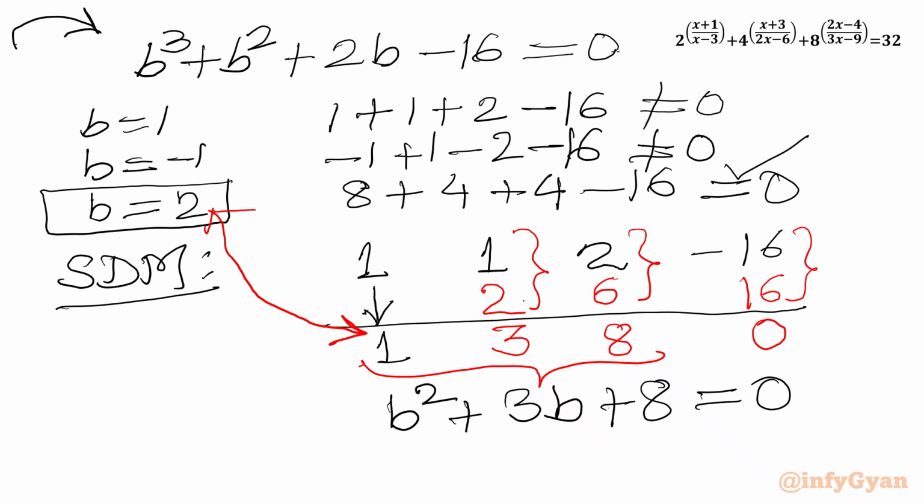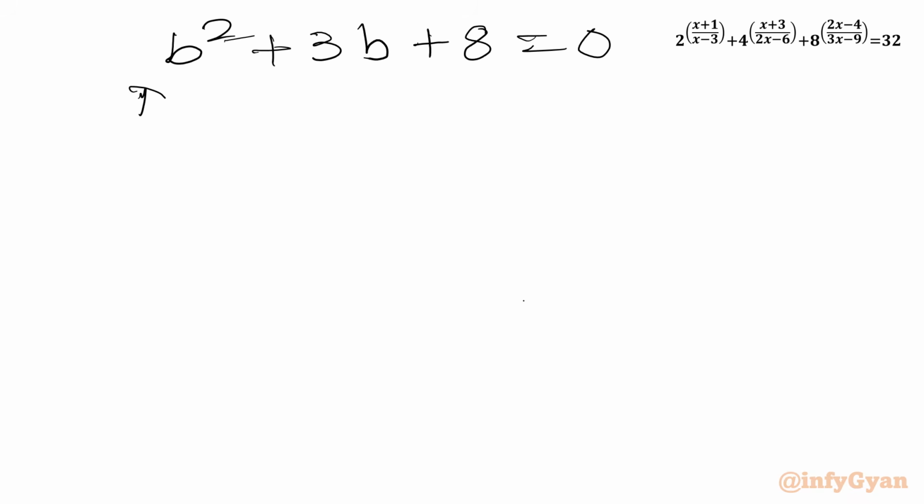We are looking for real solutions, so let me check the discriminant only. I will write the equation b square plus 3b plus 8 equal to 0. Let's check the discriminant first. D is equal to b square minus 4ac. Here b is 3, a is 1, c is 8.